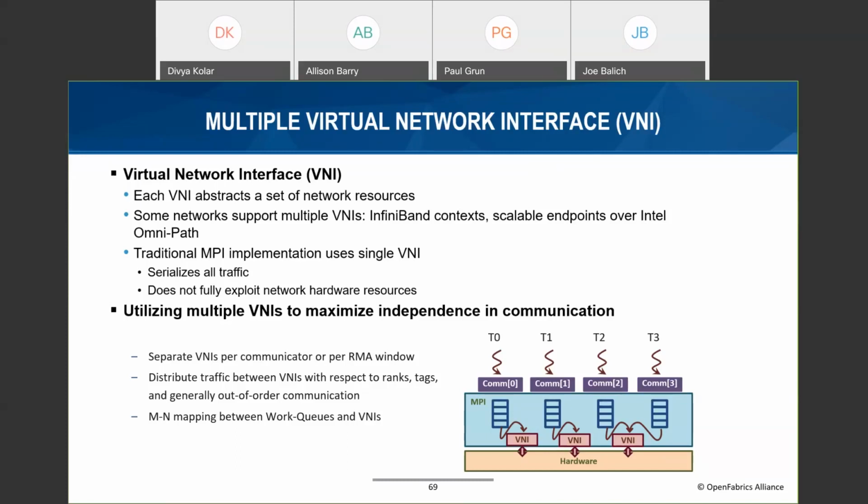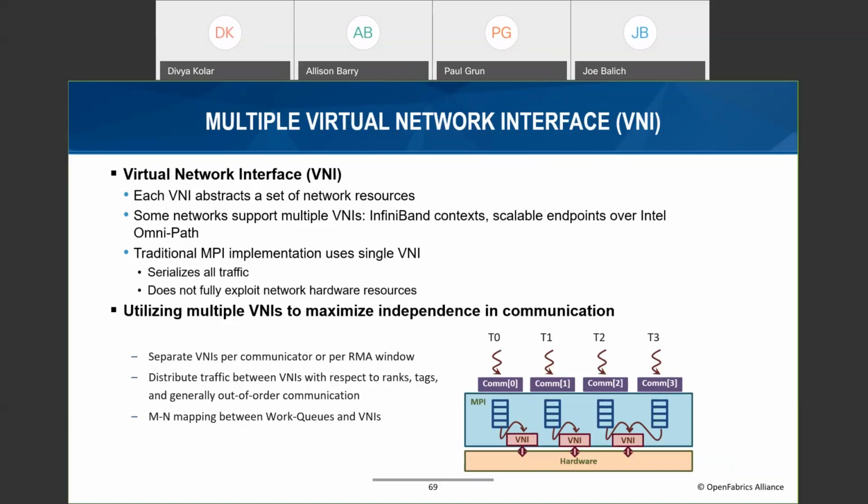What the user needs to do in this case is expose the thread parallelism at the threading level through the library. One common case is having different threads use different communicators, and inside MPICH we can map different communicators to different VNIs so that their traffic gets separated.